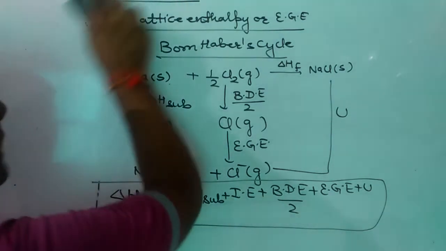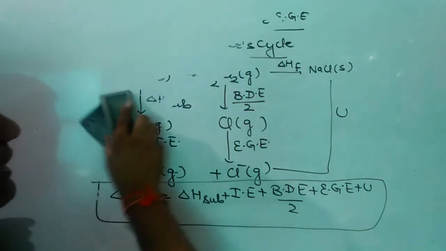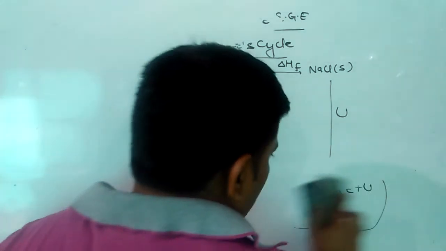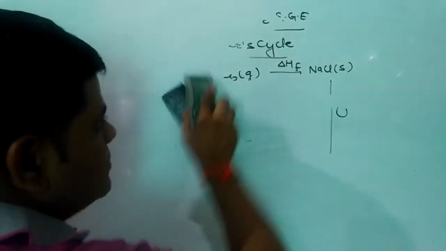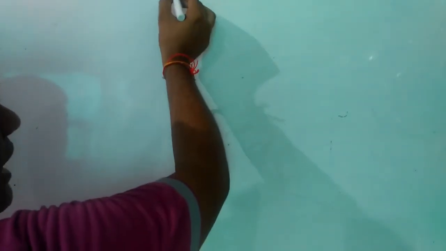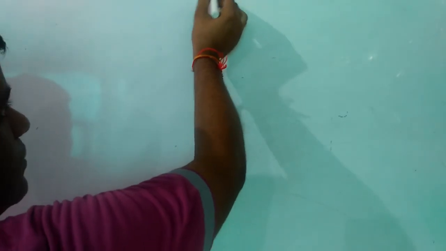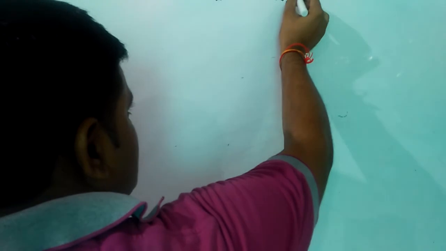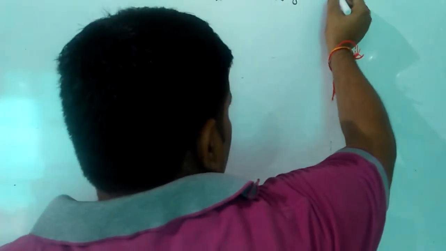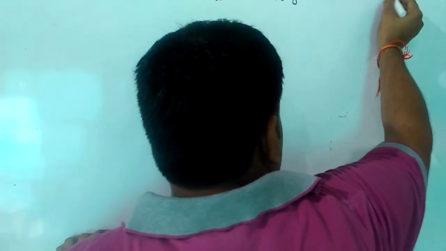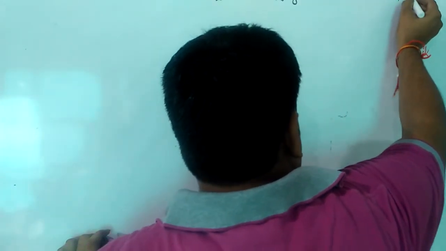After this, the second application is we can find out the enthalpy of formation of any compound if 2 or more equations are given. Let's suppose a question is there. Reaction is given: carbon solid plus O2 gives CO2 gas, and the enthalpy of reaction is minus 393 kilojoule per mole.